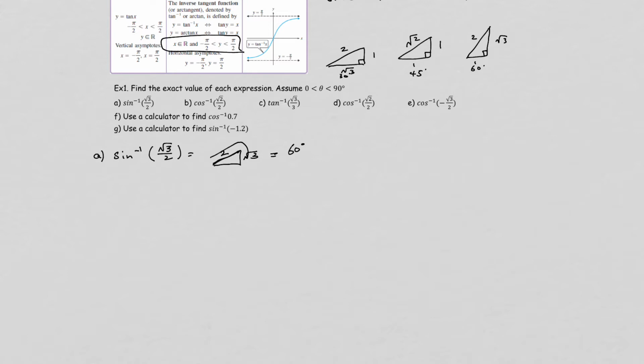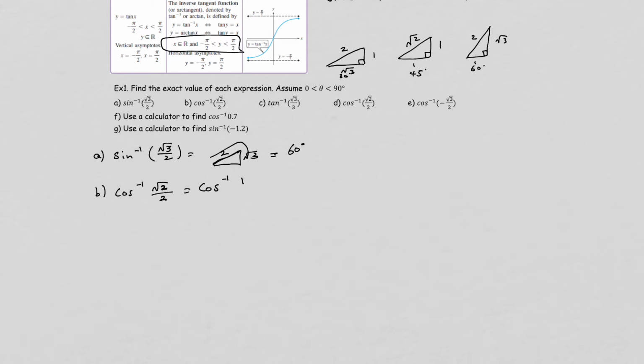Let's look at the second one. What if they're asking cosine inverse of square root of 2 over 2? This one, we need to rewrite first because you have the same number in the numerator and denominator. The one with no square root in the denominator is because you rationalized it.